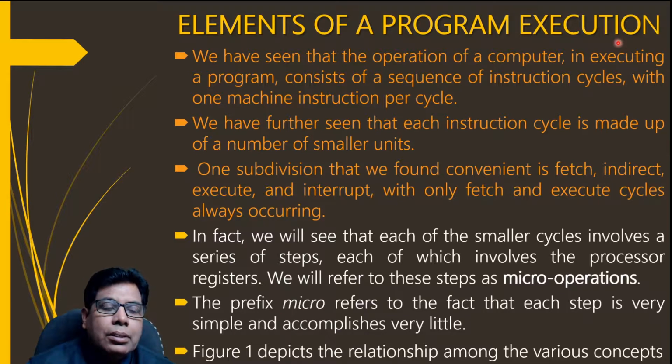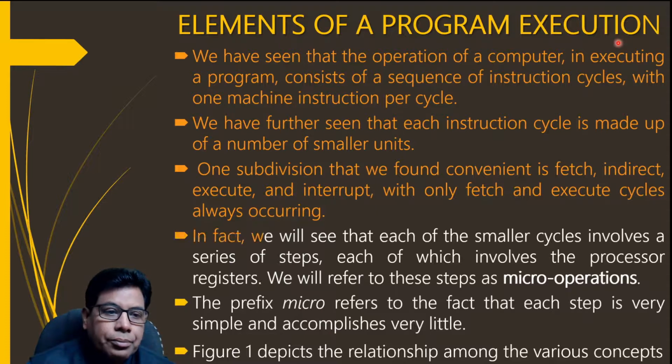It will depend on the addressing mode and the type of instruction. If there is an interrupt, then it will go for the interrupt cycle, or if the instruction has to fetch data, then it will go for the indirect cycle.